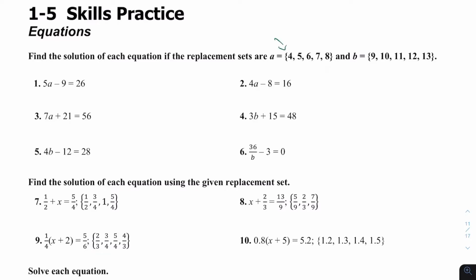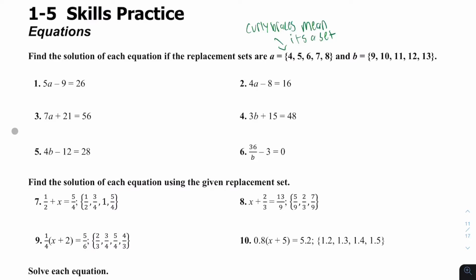Anytime you see curly braces, it means it's a set, which means it's a group, which means that a is going to be each of those numbers and b is going to be each of these numbers. B is all of these numbers, but one at a time.